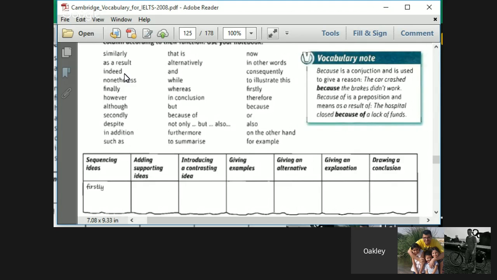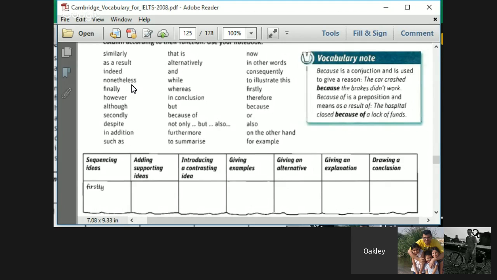Indeed, we are doing a very practical exercise. Okay. Indeed. Maybe in fact. I would also say adding a supporting idea. He is a fat man. Indeed, he weighs 750 pounds. Okay. Well, keep it simple with it. Maybe a supporting idea. Here's another one that could be used for a couple different things.